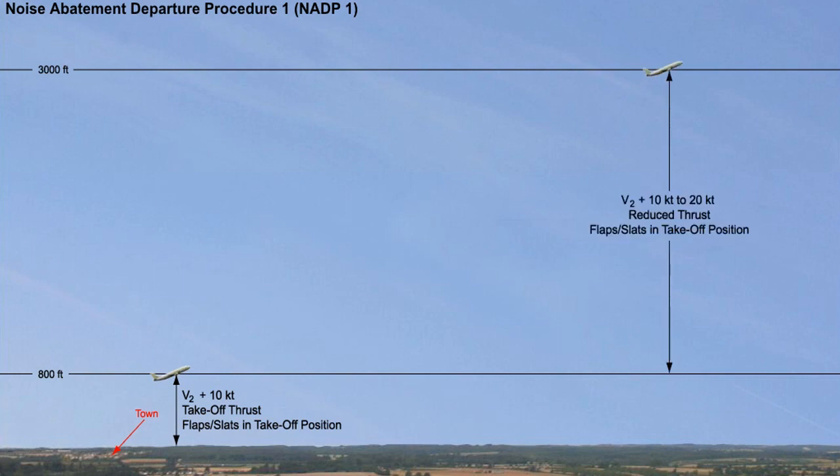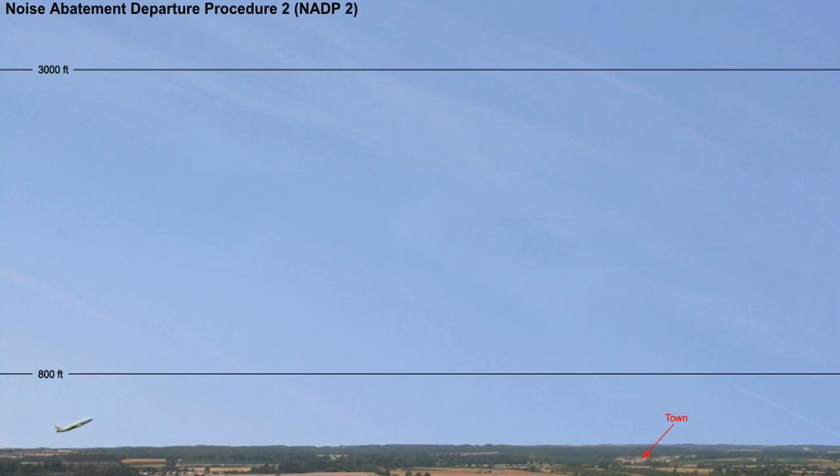From 3,000 feet, and while maintaining a positive rate of climb, accelerate to en route climb speed, retracting flaps and slats on schedule.